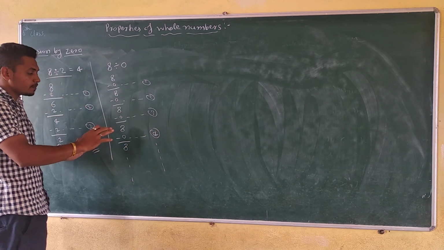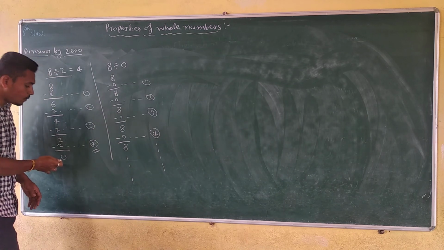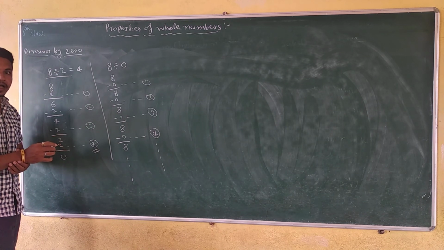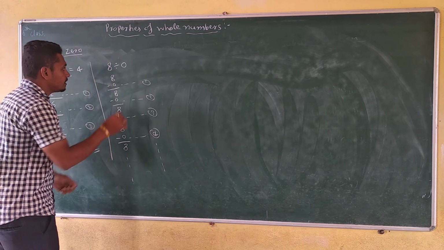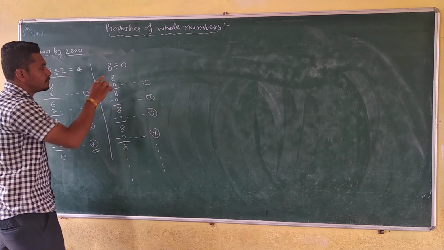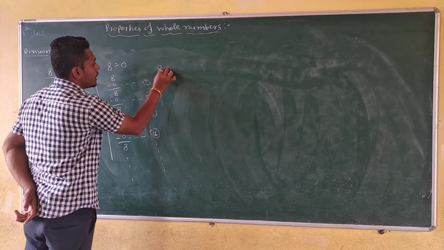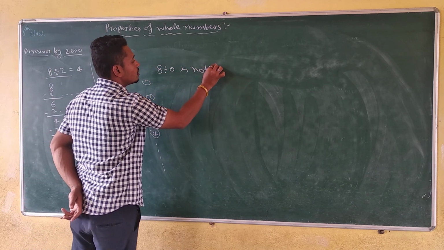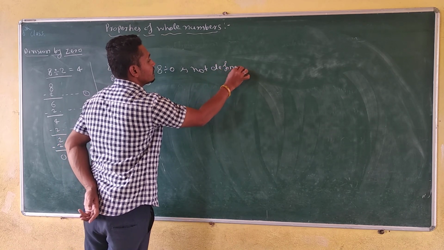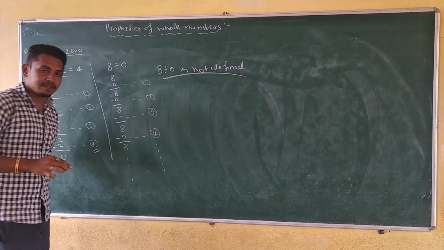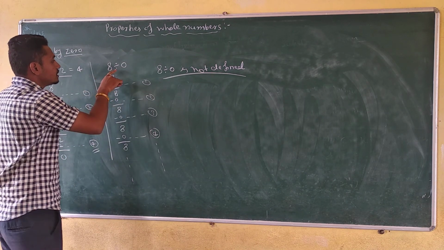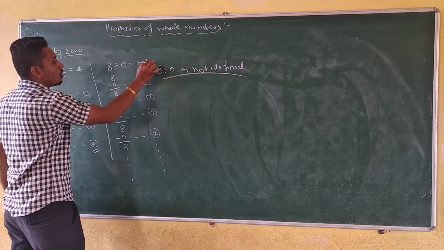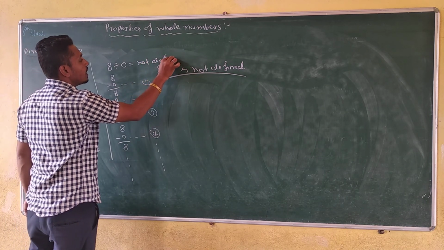Here we never get the 0 value. So that's why 8 divided by 0 is not defined.